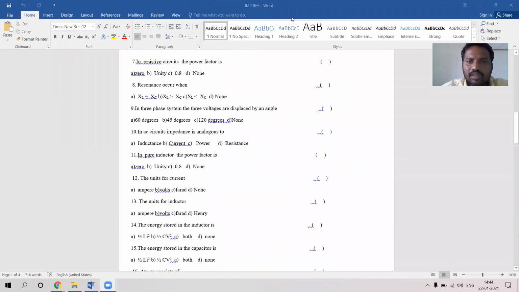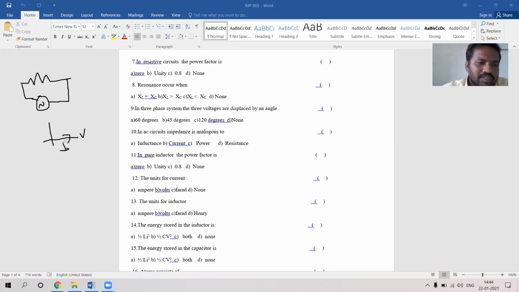Now coming to question number 7, in purely resistive circuits, what will be the power factor? You know that for a resistor, if it is excited by AC voltage, the waveform and phasor diagram of voltage and current are both in phase.